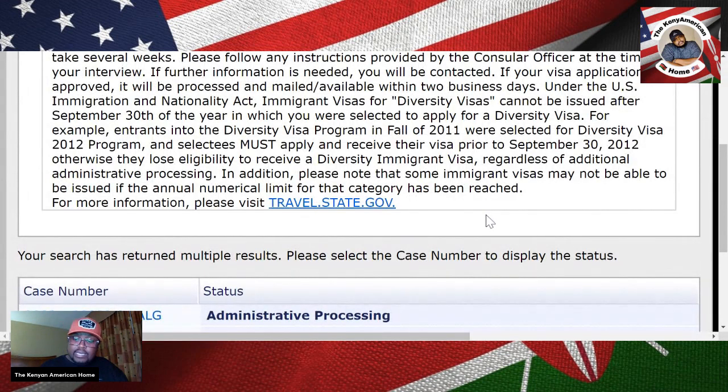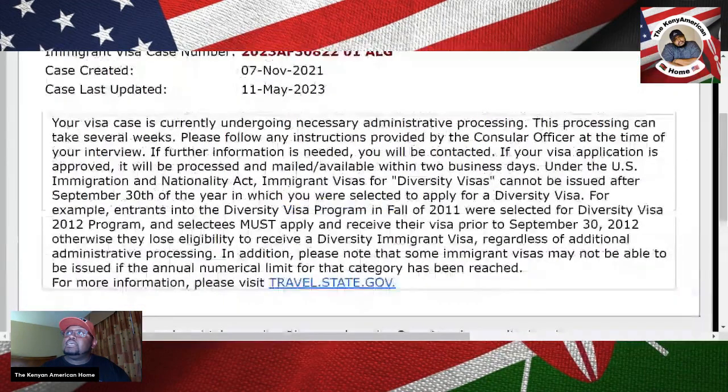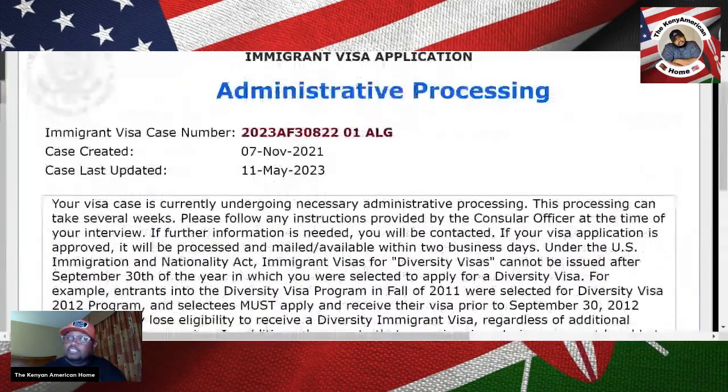If you get tested and you have TB, and let's say it's in the middle of August, there's no way you can complete 8 weeks of TB medication. So you lose the opportunity to get your visa because the treatment will go farther than September 30th.